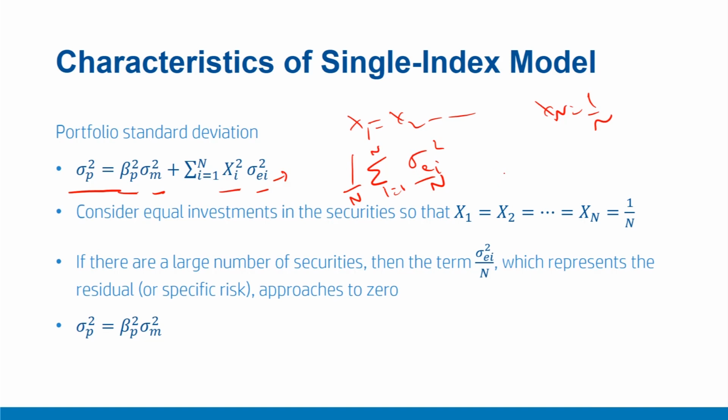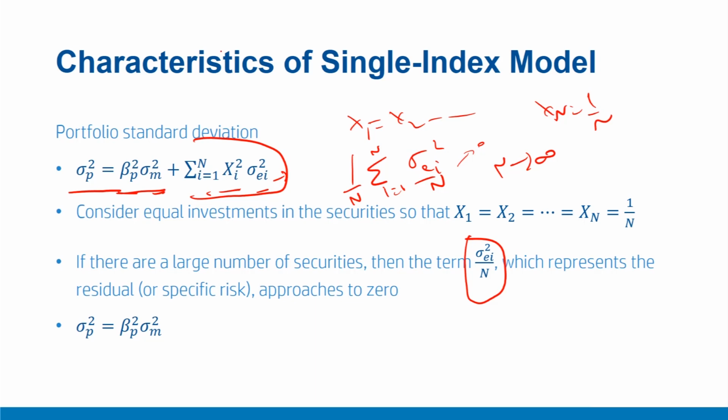Now in this expression, if n is very large, then this expression tends to 0. This expression tends to 0, and therefore the stock specific or the residual component of risk, which is this, approaches 0 and only this expression remains.